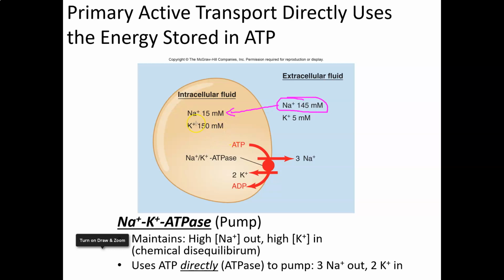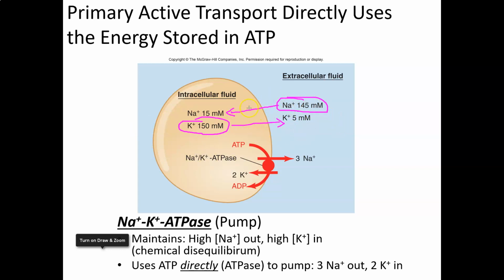But if we look at potassium, that's the K plus, right? Inside, it's 150. Outside, it's only 5. So potassium would want to diffuse outside down its gradient. And in fact, during certain cellular processes, sodium diffuses in and potassium diffuses out.